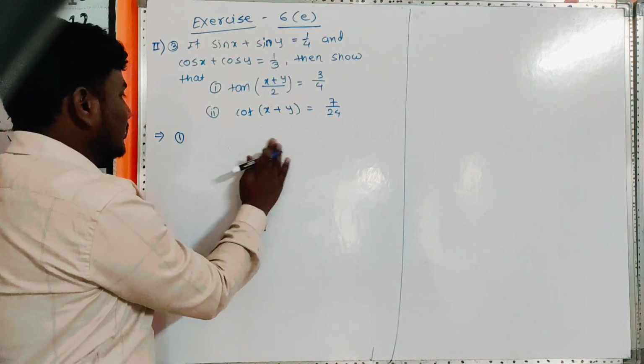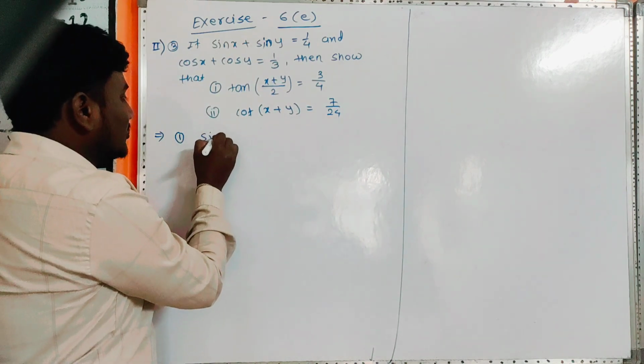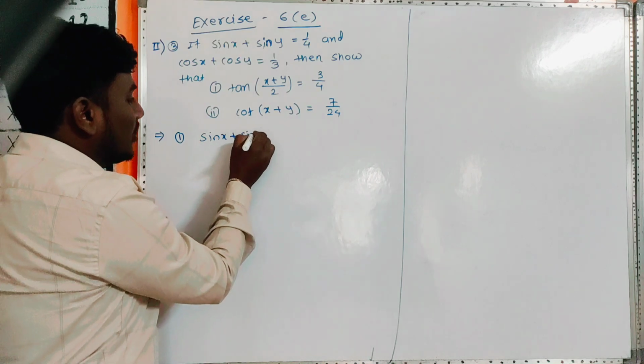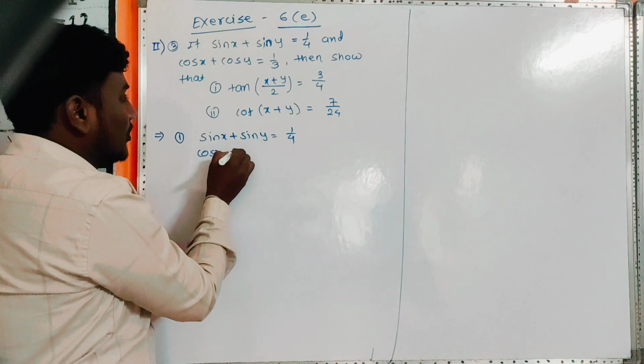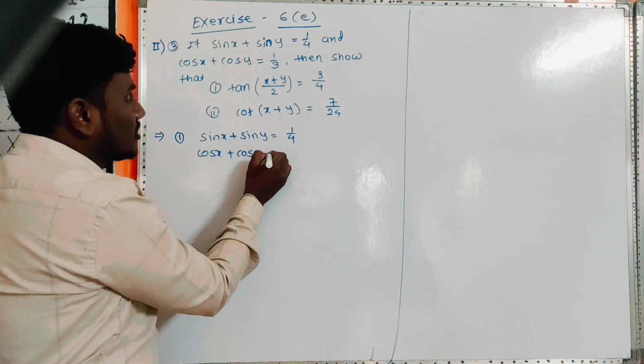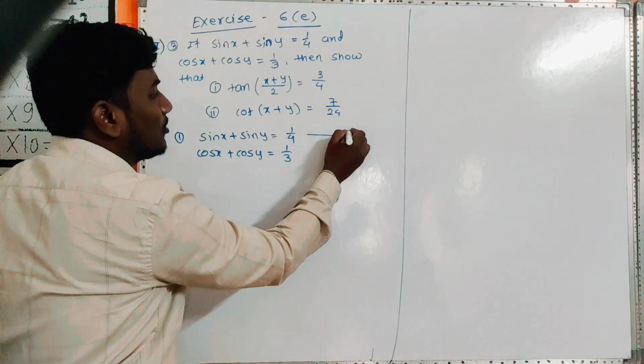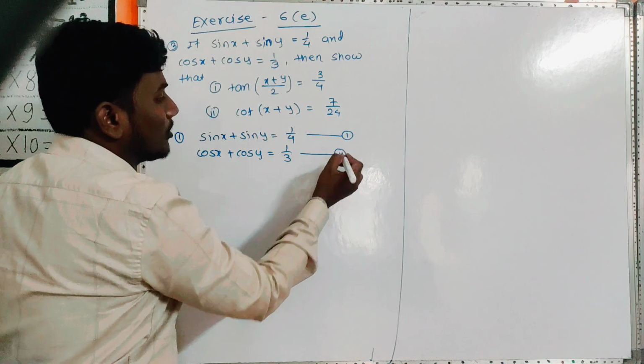Okay, this is the LHS. Whatever is given: sin x + sin y = 1/4 and cos x + cos y = 1/3. This is equation number 1 and this is equation number 2.